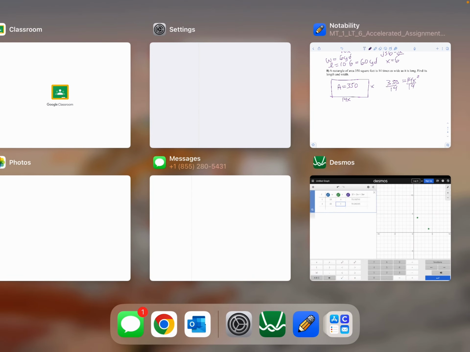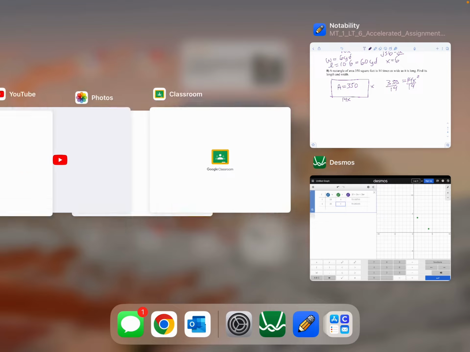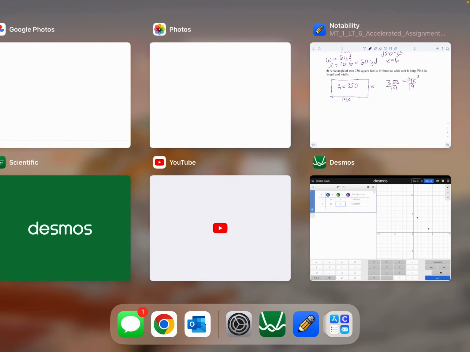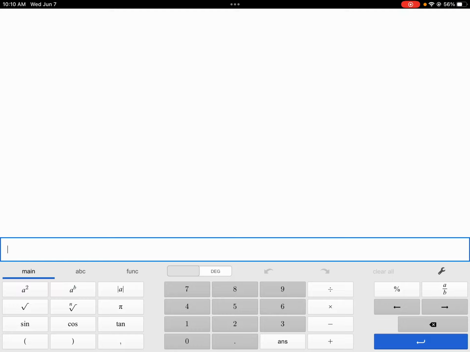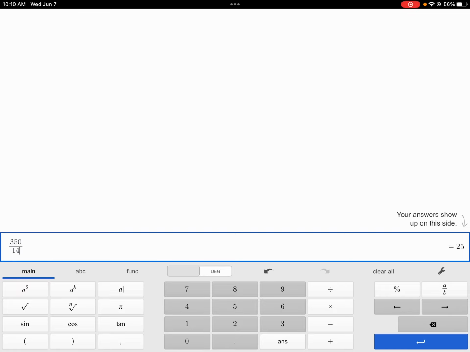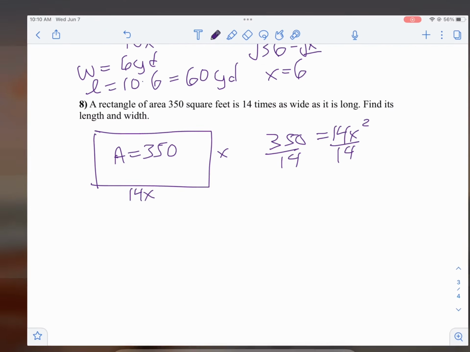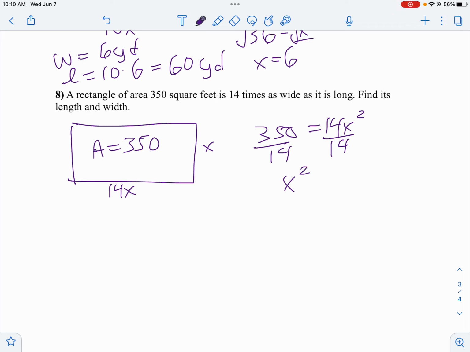And I think I'll use a calculator for that. So I take 350 divided by 14. We get 25. So we know x squared equals 25. So x equals 5. So we know the length is going to be 5 yards. The width is going to be 14 times 5, or 70 yards.